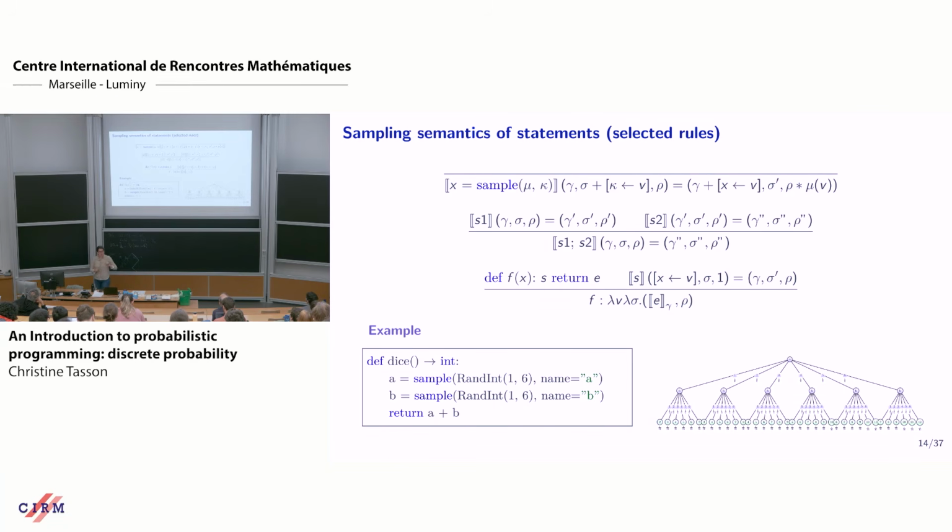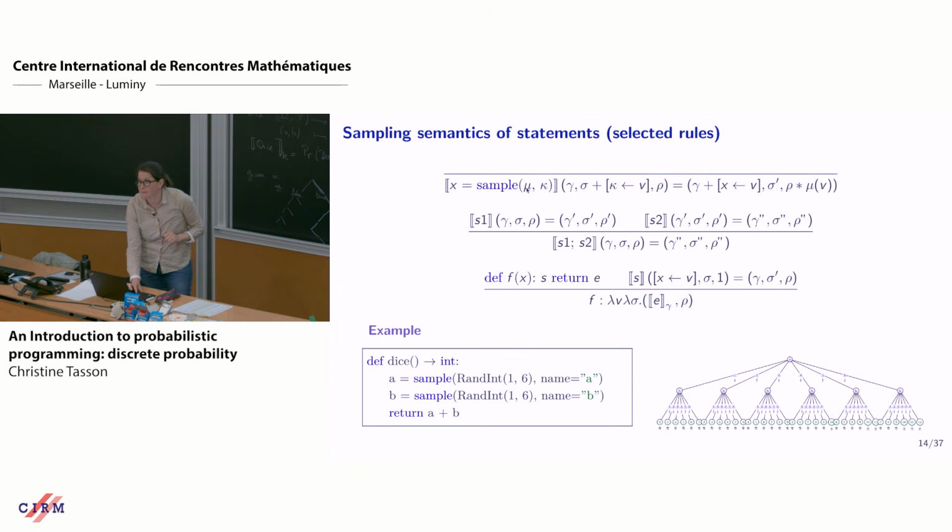First, just some selected rules. What's happening when I perform a sample? Here I sample in a probability distribution of law mu with key k. I start with an environment, the current memory in which I am evaluating my statements, and I have a sampling trace in which the k is associated with the sample v. And until now, I have consumed samples with probability rho.